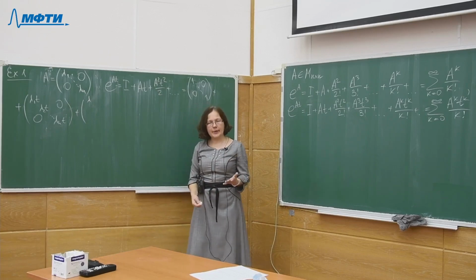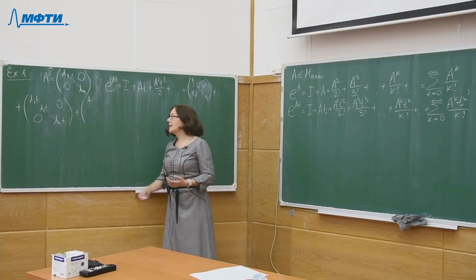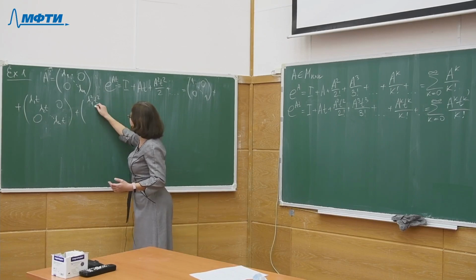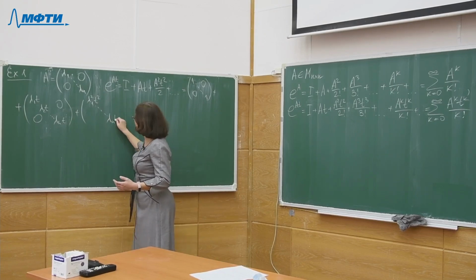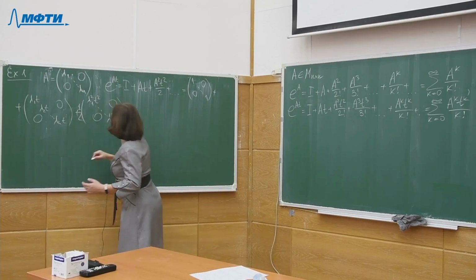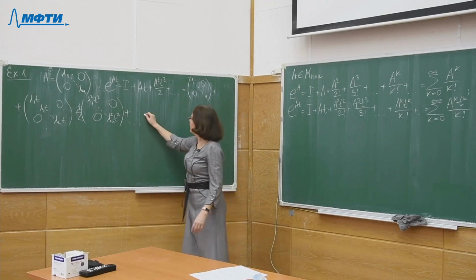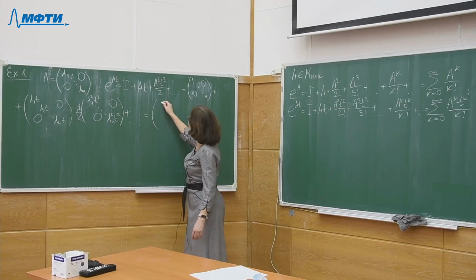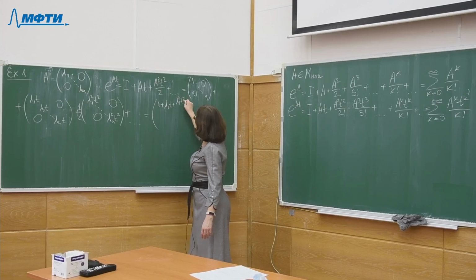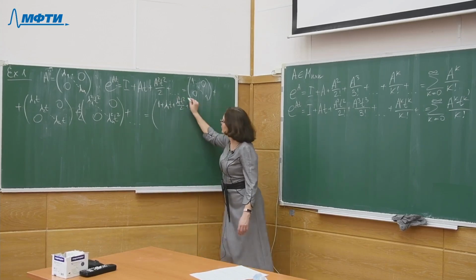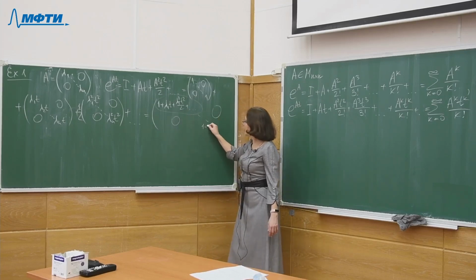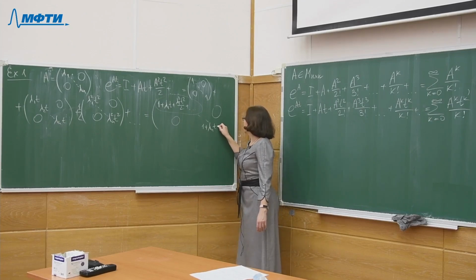If A is a diagonal matrix, then A squared is also a diagonal matrix of this form, times 1/2, and so on. So our matrix has the form: 1 plus lambda 1 t plus lambda 1 squared t squared over 2 plus dot dot dot as the first entry, then zeros, and the last entry will be 1 plus lambda n t plus dot dot dot.